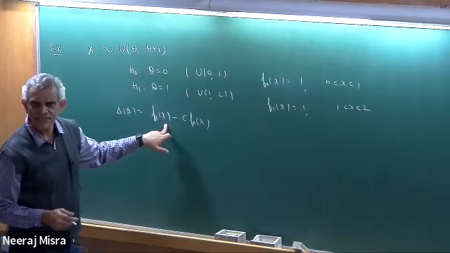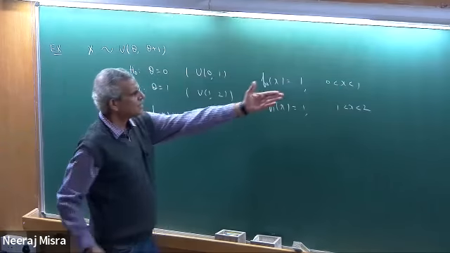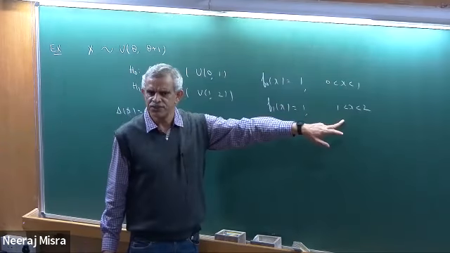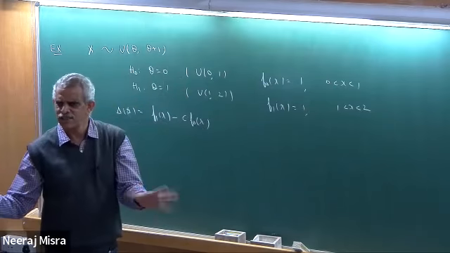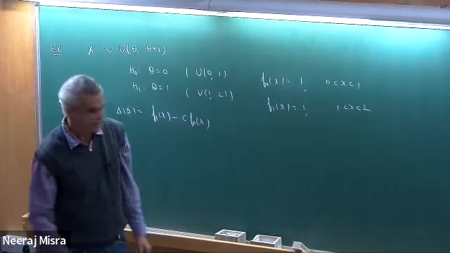So let's see what delta(x) is, which is f1(x) minus c f0(x). My support is (0, 1) union (1, 2), so my support is 0 to 2.